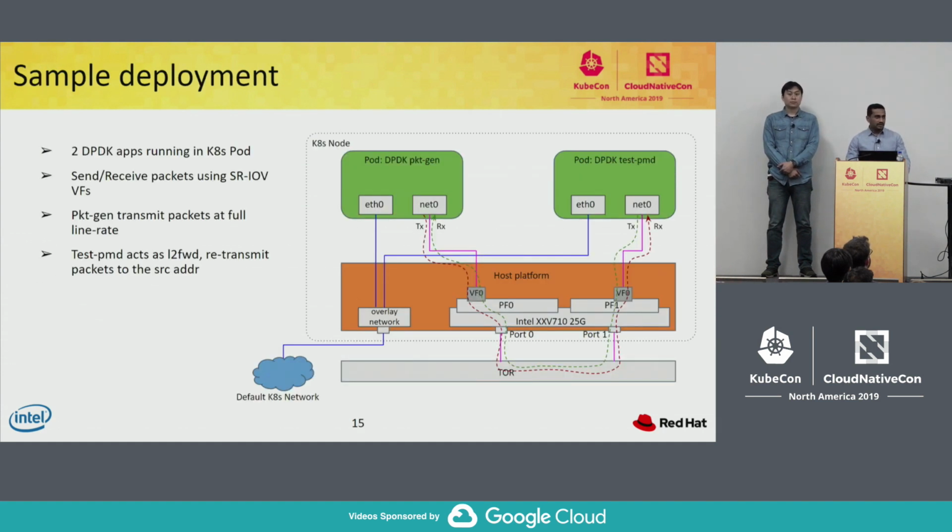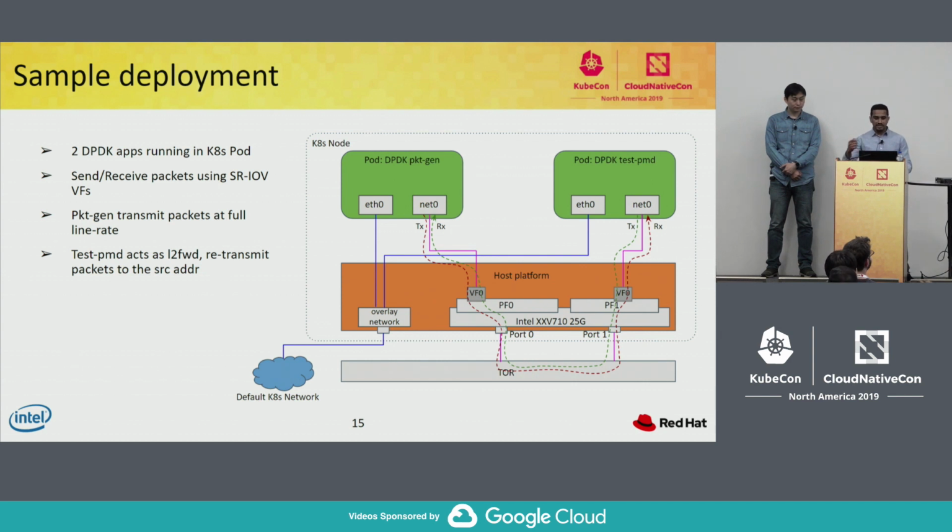In this demo, what we show here is two DPDK applications deployed in Kubernetes. One of them generates the packets, the DPDK pktgen, and the other is DPDK testpmd. We are using two interfaces: one is the Kubernetes control plane interface, eth0, and the other, net0, is the data plane interface, which is basically a virtual function from the SR-IOV NIC.